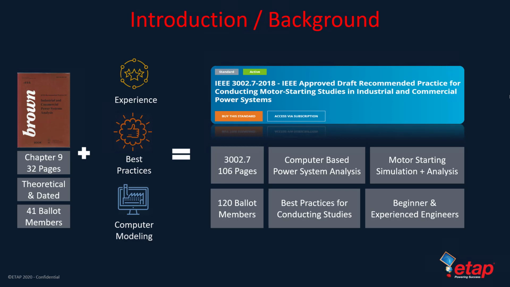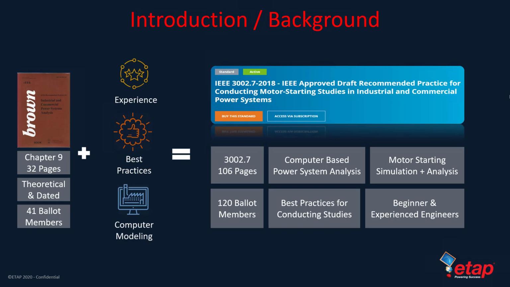So what the 3002.7 did was take the Brown Book, add new experience, best practices, and also computer modeling to provide us with an updated 3002.7 that is 106 pages long. It includes modern computer-based power system analysis.